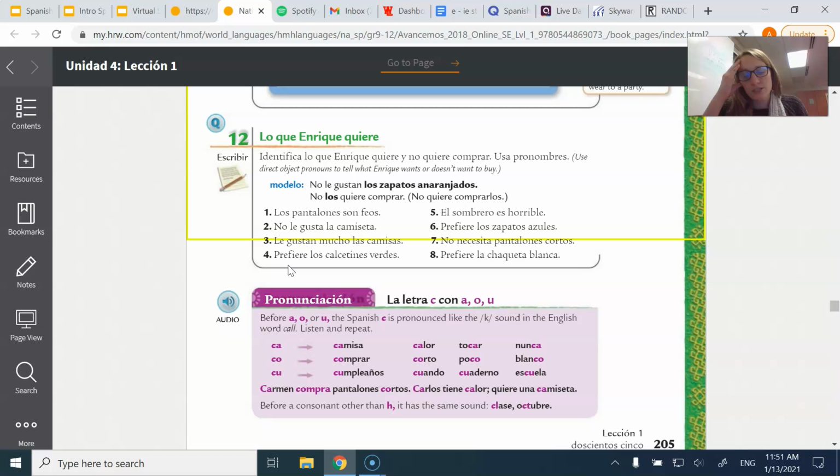Prefiere los calcetines verdes. So if Enrique prefers the green socks, I would say Enrique los quiere comprar, or Enrique quiere comprarlos. And finally, el sombrero es horrible. So this is singular masculine, so we're going to choose lo. Enrique quiere comprarlo, or Enrique lo quiere comprar.